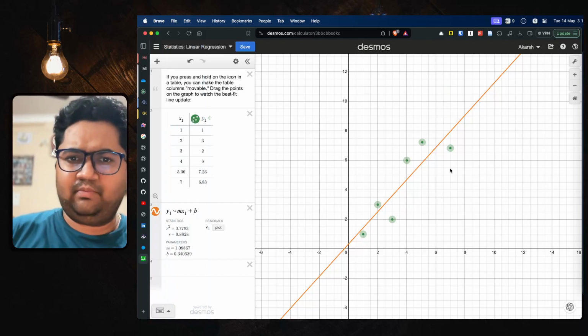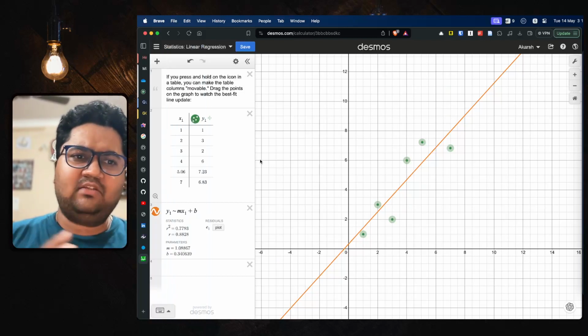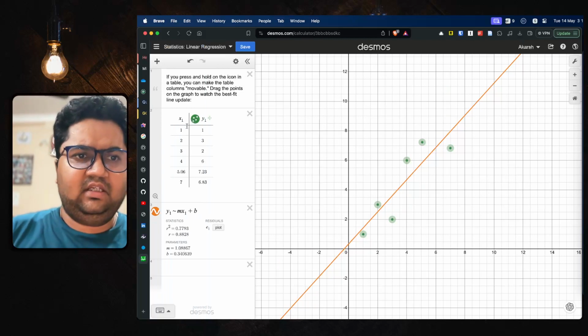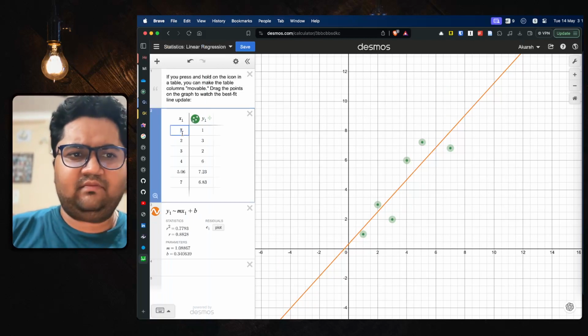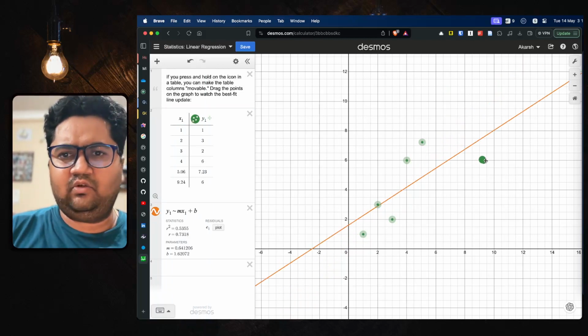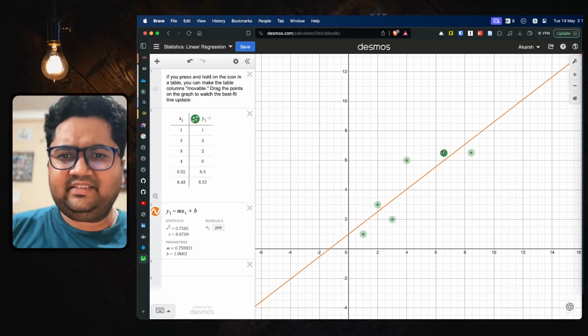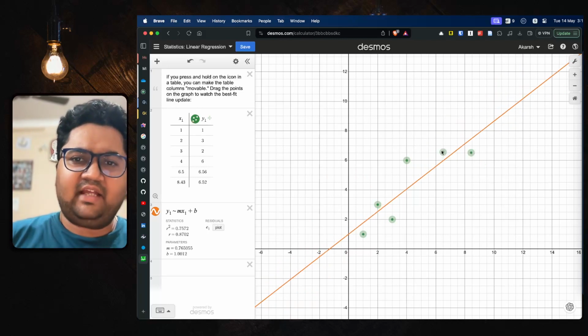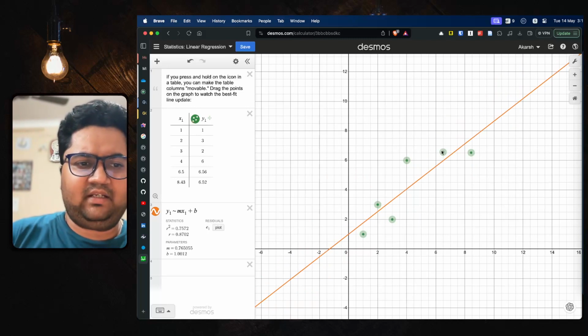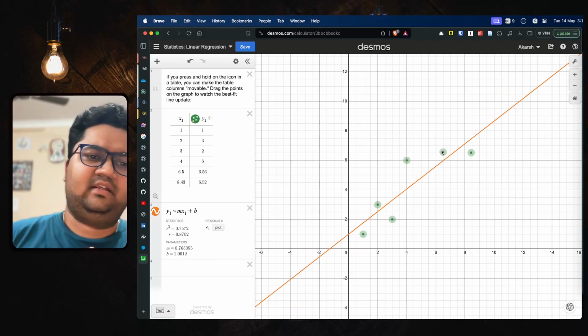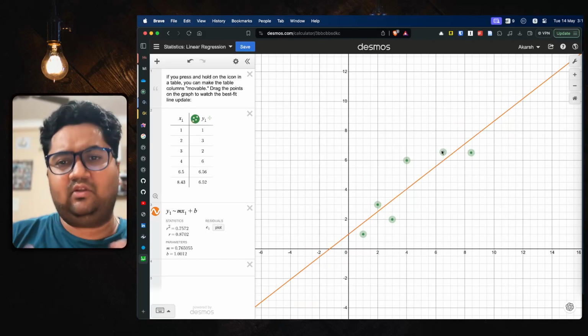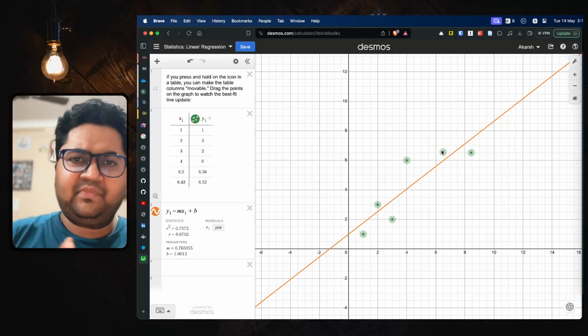Here's another example. What I have is a bunch of dependent and independent variables. The independent would be x1, x2, x3, and y1, y2, y3 could be future data points. This is trying to talk from a statistical perspective: what's the R square, what's the R, what's the residual, and all of that for this kind of setup.